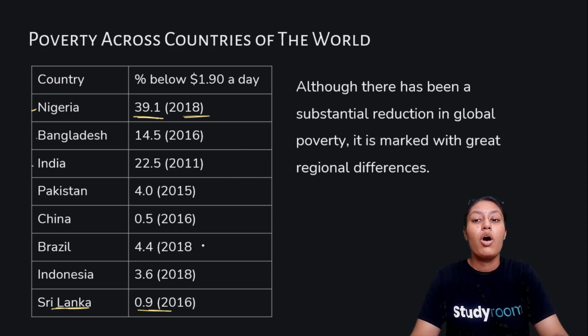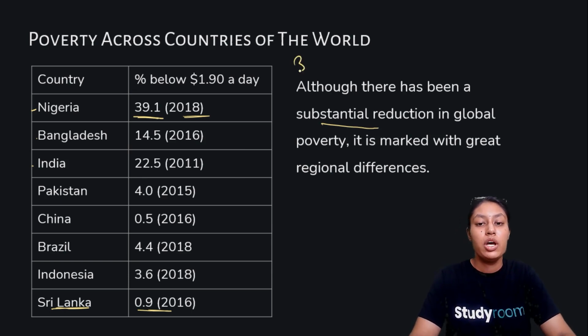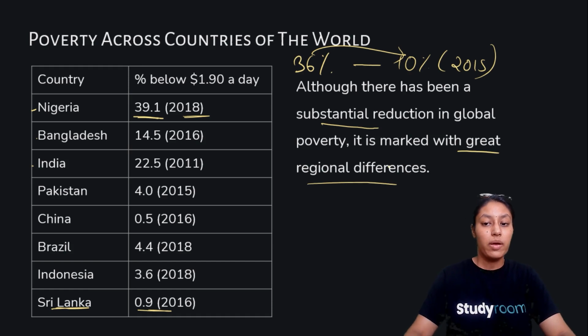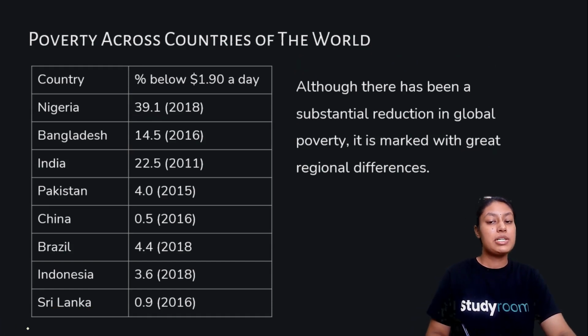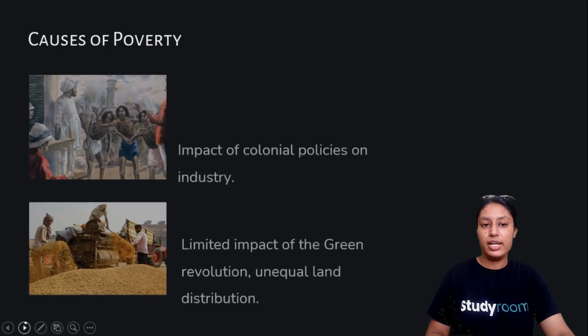Although there has been a substantial reduction in global poverty, from 36% earlier to 10% in 2015, and it has marked great regional differences, still in terms of the number of people, it is accordingly high.